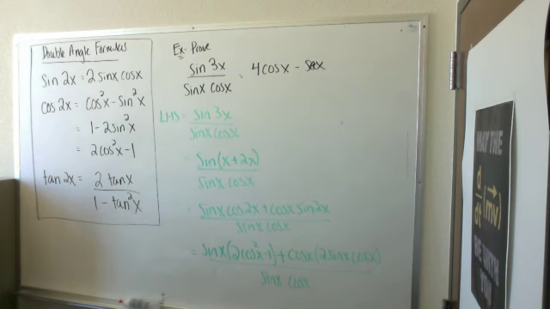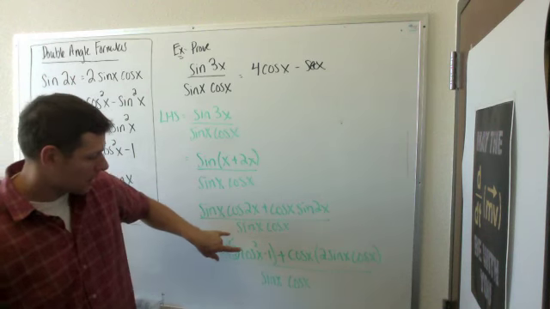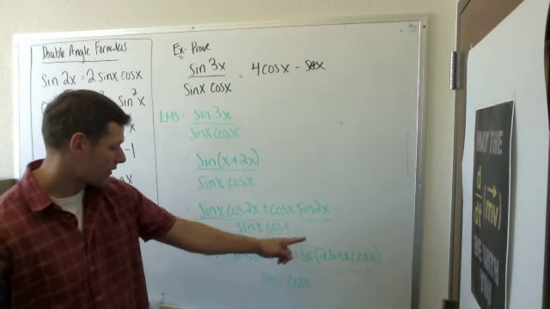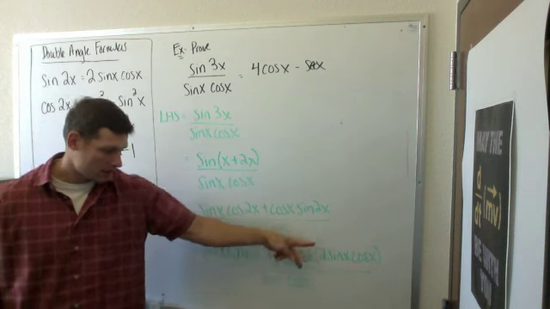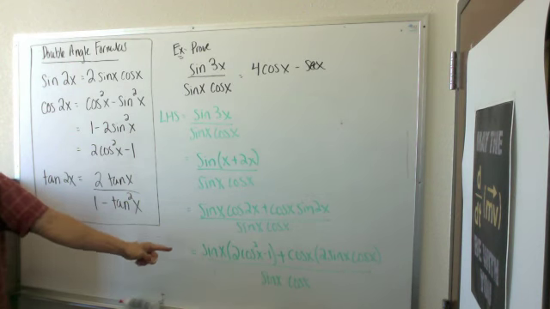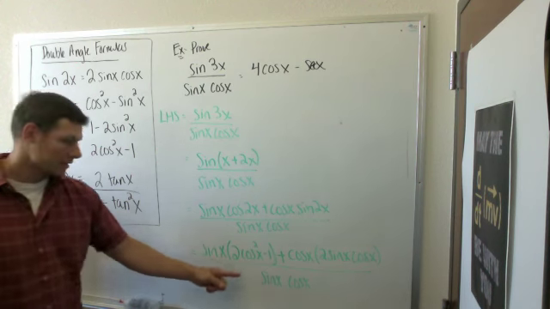Now, after you do that substitution, note that we can look at this as two fractions, this fraction plus that fraction. If I have this first fraction right here, you'll note that the sines cancel out.